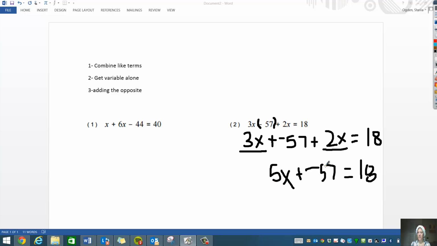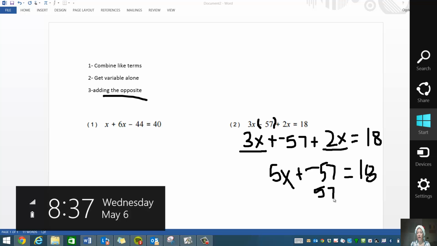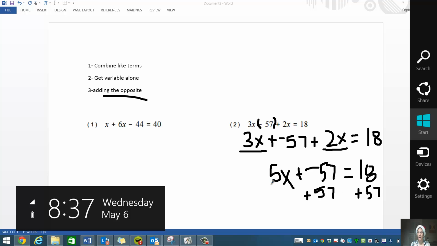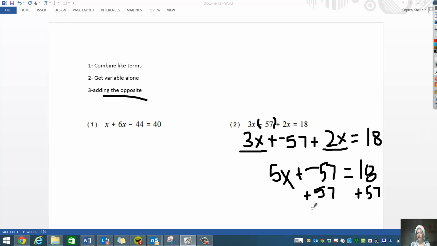So I'm going to add the opposite. It's the opposite of negative 57, so I'm going to add positive 57 to both sides. Negative 57 plus 57 is going to be 0, so this just simplifies to 5x.